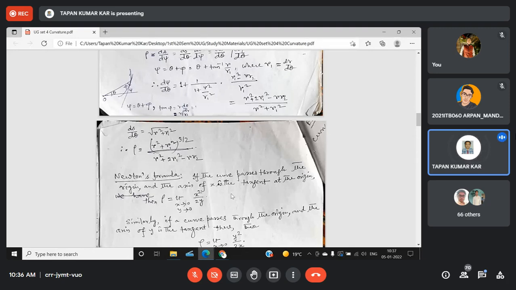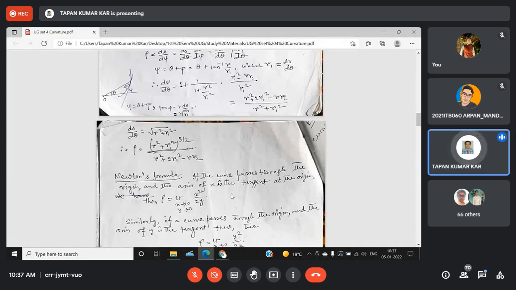And if it is parametric form, then you can use the parametric form formula, or from parametric differentiation you can find the first derivative dy/dx and second derivative d square y/dx square and substitute in the given formula. And if it is given in polar form, then use the formula (r square plus r1 square) whole to the power 3 by 2 by (r square plus 2 r1 square minus r r2).